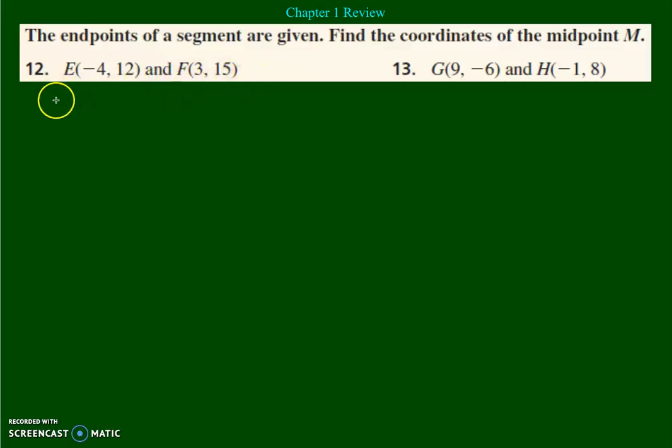Now the midpoint of a segment is always going to be the average of the coordinates of the endpoints. So in this case, since we're on an XY plane, we want to average the X coordinates first and then average the Y coordinates. So let's get started here.